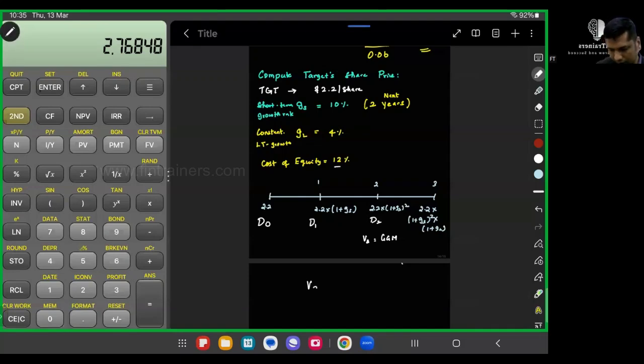To get to my V2, I'm going to use my third dividend divided by R minus G. We know R is 12% and growth rate is 4%, so the denominator becomes 0.08. So 2.768 divided by R minus G gives the share price in your second year, 34.6. Store this in one more memory slot.